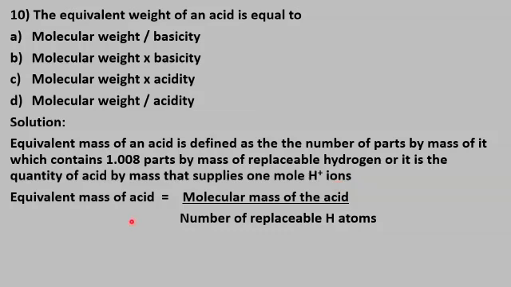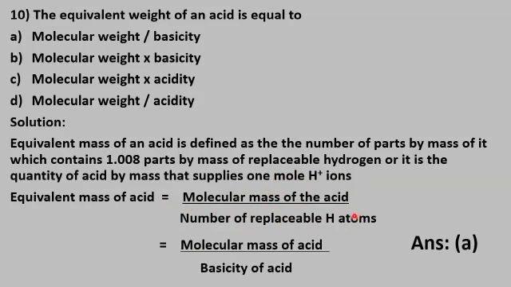Therefore, equivalent mass of acid is equal to molecular mass of the acid divided by number of replaceable hydrogen atoms. So that is therefore molecular mass of acid divided by basicity of acid is the correct form of equivalent mass of acid. Hence the correct option will be option A here, that is molecular weight divided by basicity.